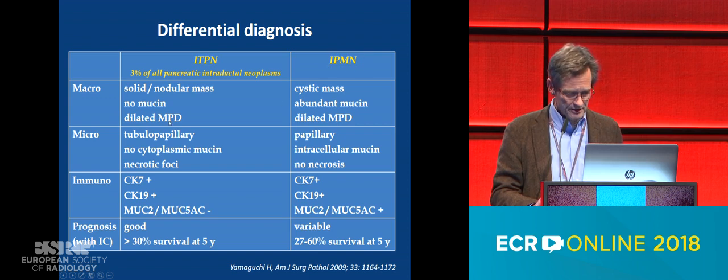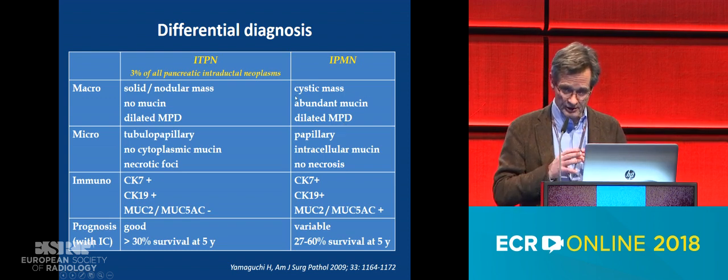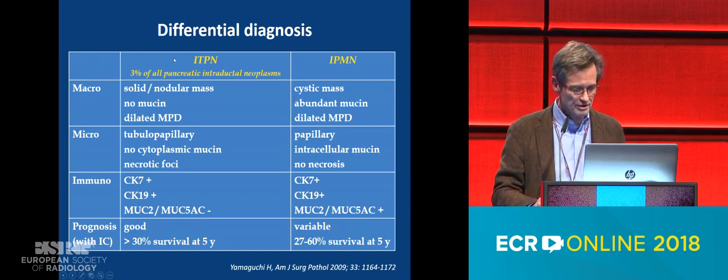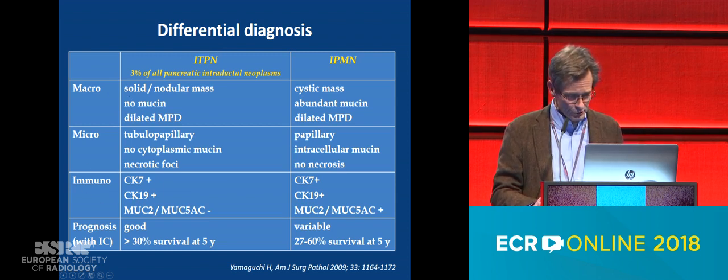In both cases, you have a dilated main pancreatic duct, but in IPMNs you have abundant mucin, and generally the duct at the level of the solid area expands much more, which is not the case in ITPNs or even in neuroendocrine tumors. The immunohistochemistry is not helpful in these particular situations, with the exception of MUC5AC, which is negative in ITPNs and positive in IPMNs.